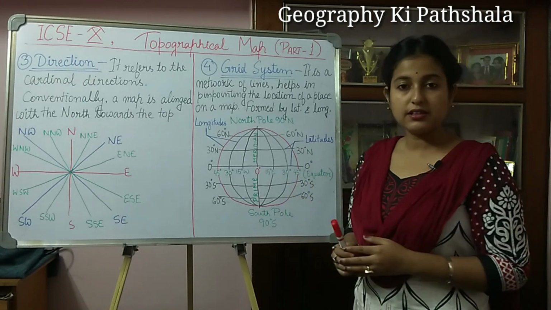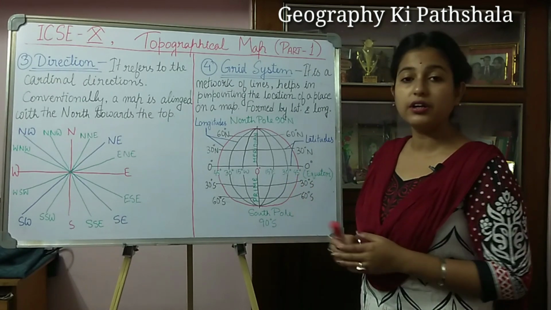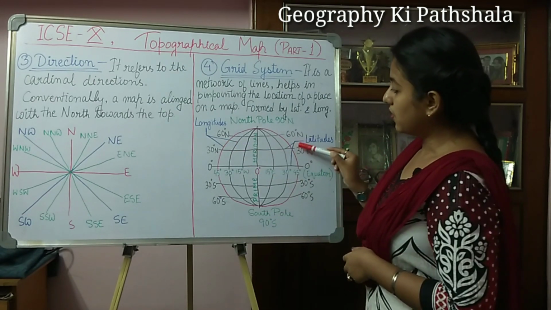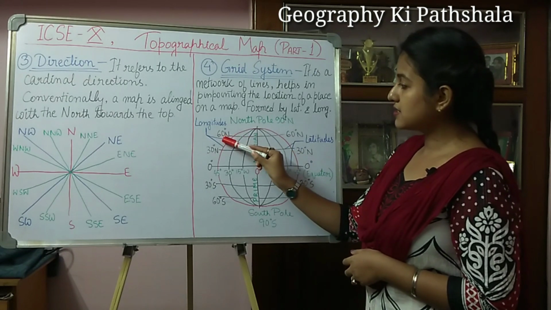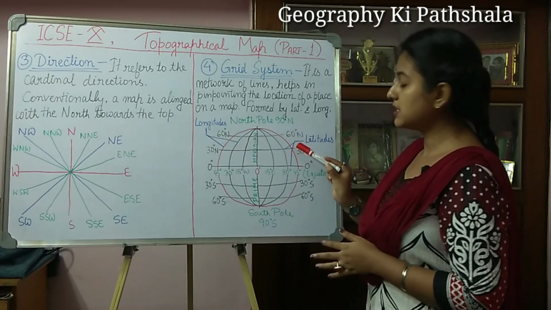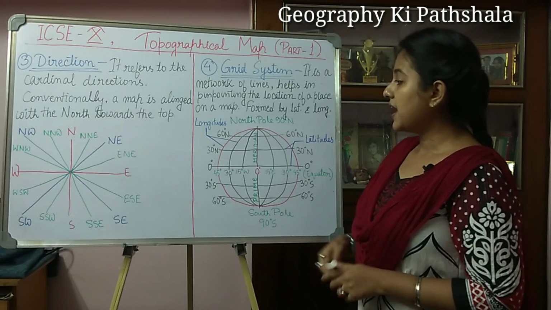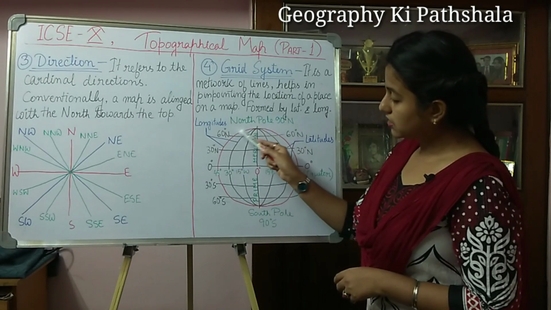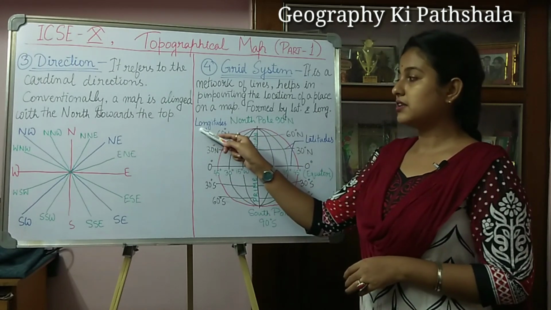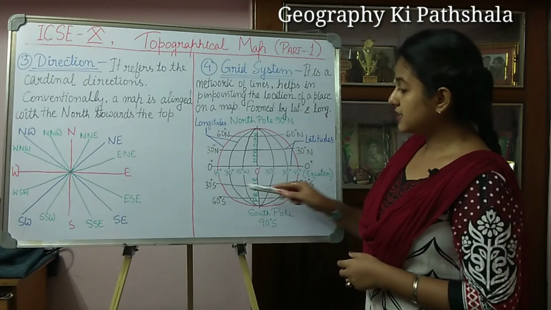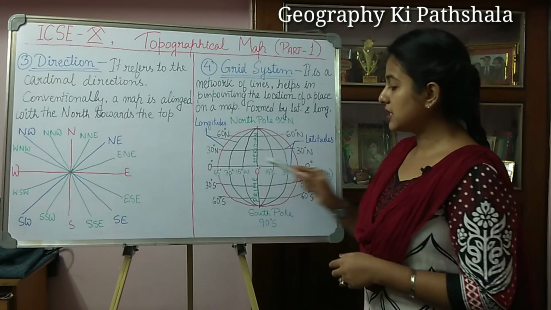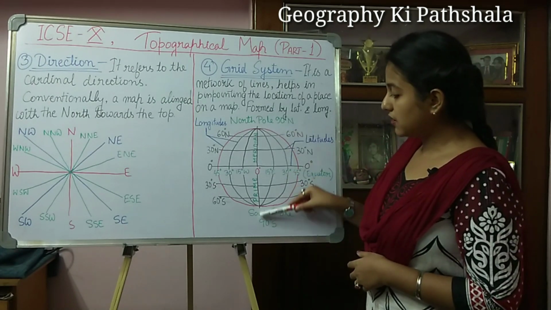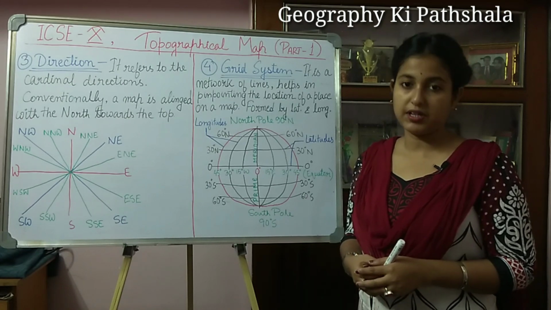Now if you see this diagram, here I have drawn a grid system, and these horizontal lines like this 60° north, 30° north, these are the latitudes, and these vertical lines like this 30° or 45°, this is the longitudes, and this 0°, the horizontal line which is indicating 0°, it's the equator, and the vertical line of 0° is known as prime meridian.